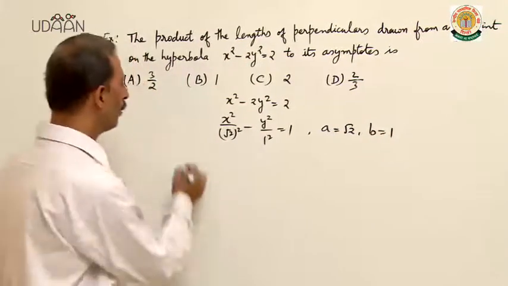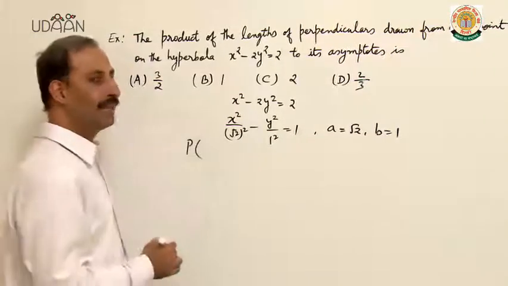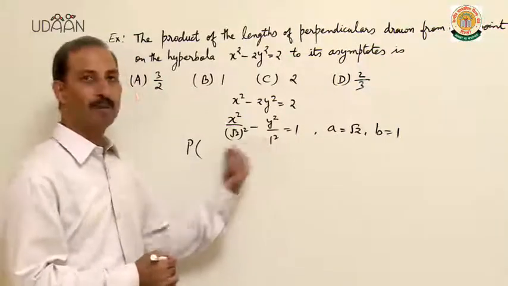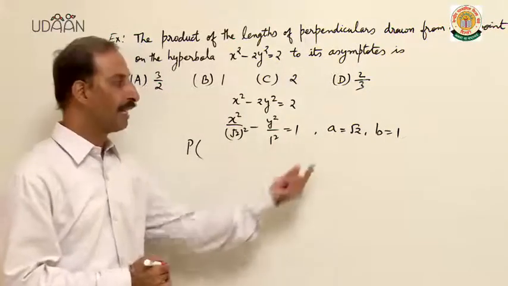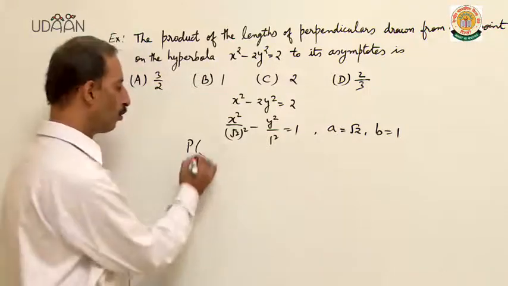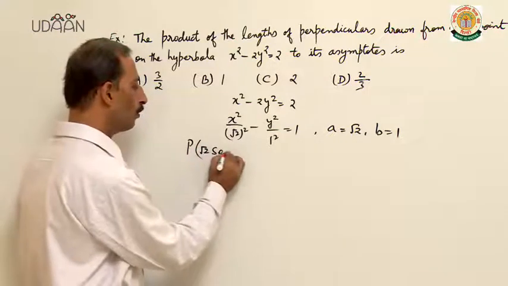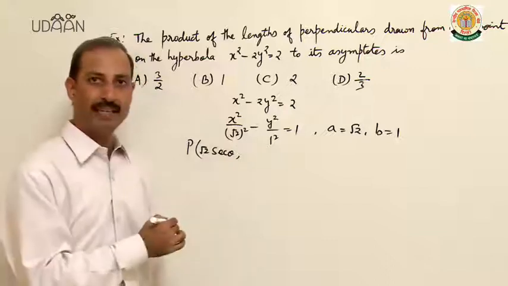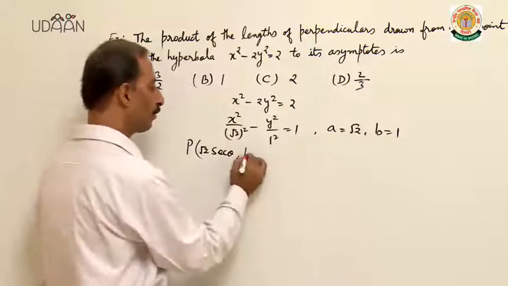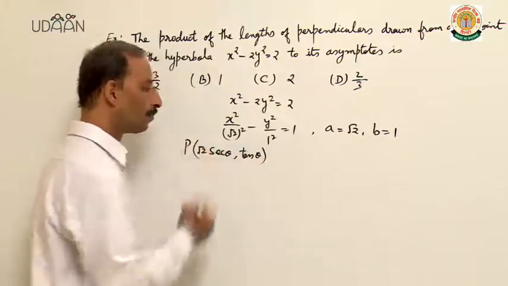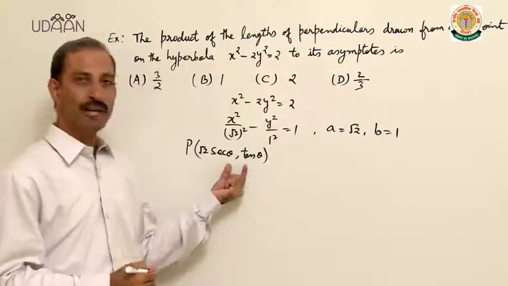Now suppose a parametric coordinate on this hyperbola, that is a sec theta, so root 2 sec theta, and b tan theta, b is 1, so it becomes tan theta. This is the point on the hyperbola.